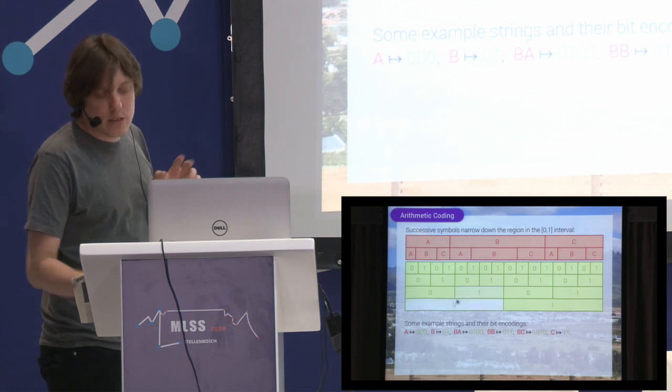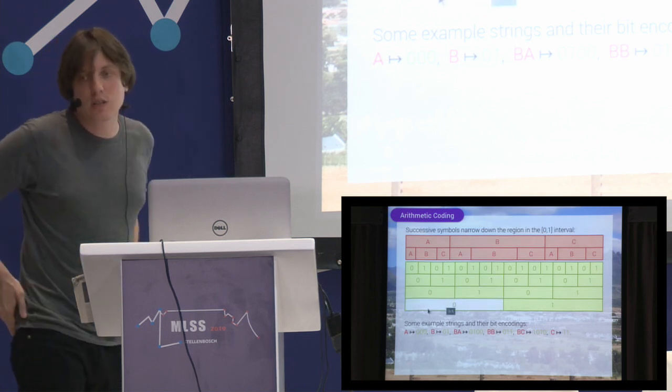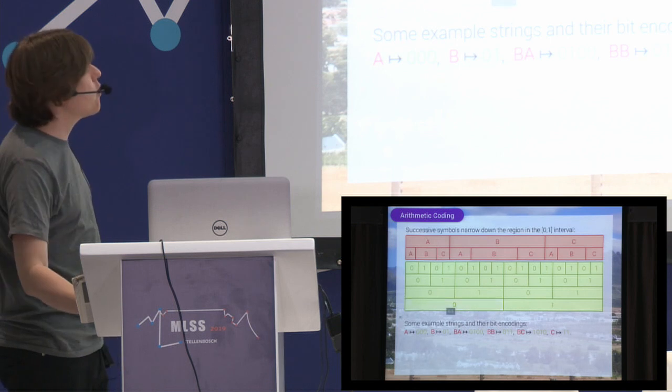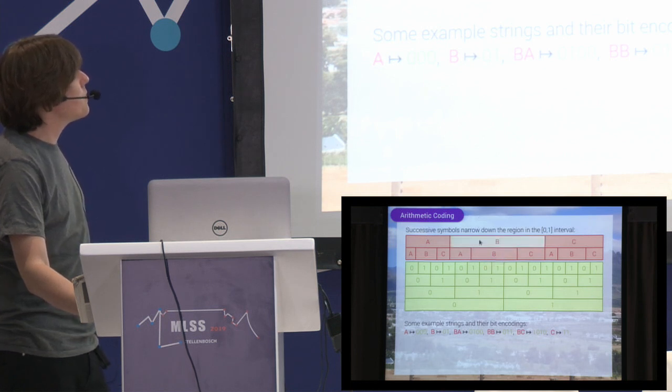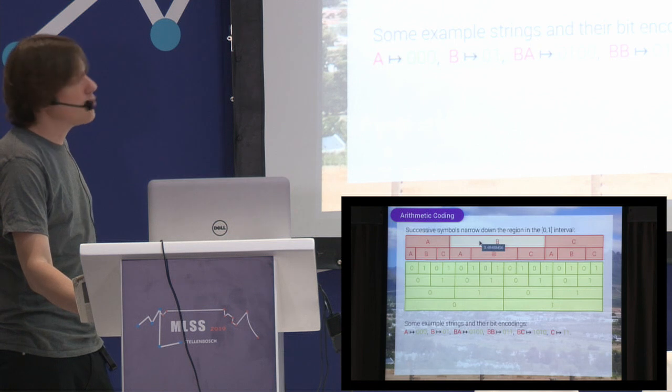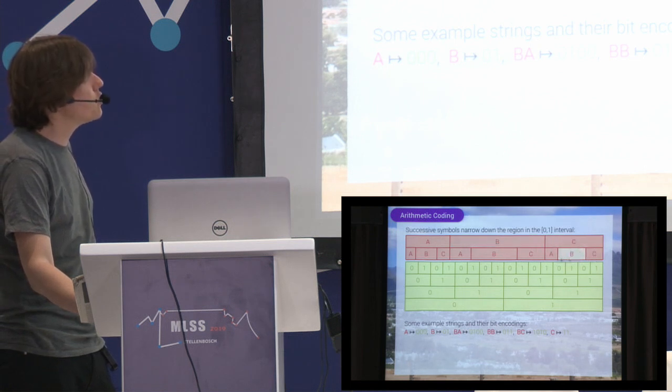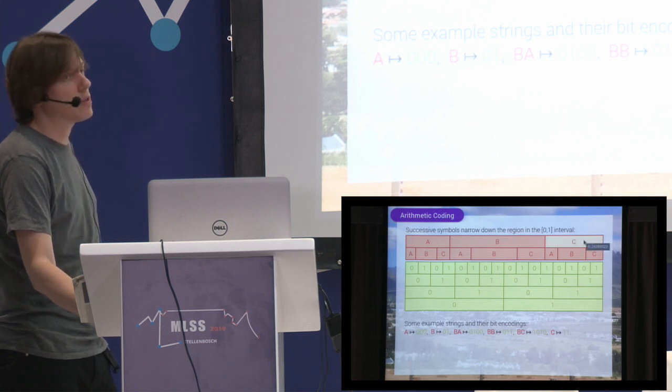So the tricky thing, the difference to Huffman coding, is we don't need to consider all possibilities. We can throw away everything that doesn't actually lie in our target region or near our target region. For example, if we know the first letter is a B, then we can discard this entire computation here. So the conditional distribution on the first letter, if the first letter had been a C, doesn't have to be computed at all.